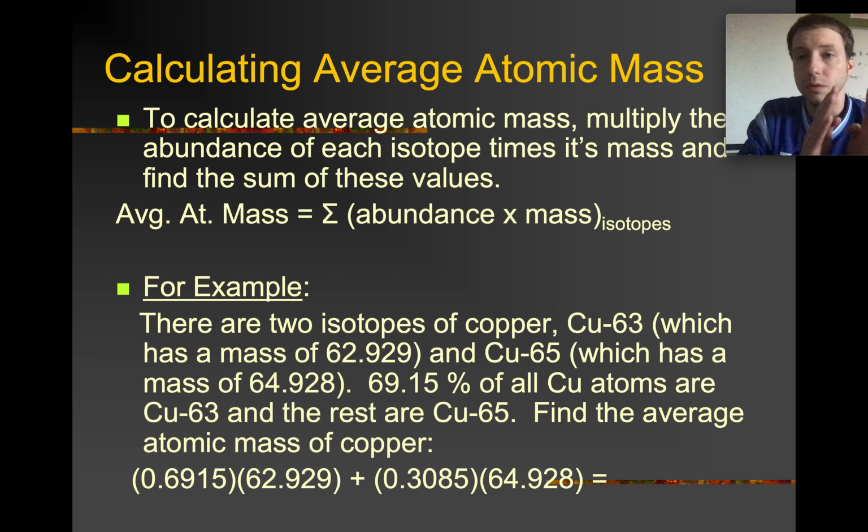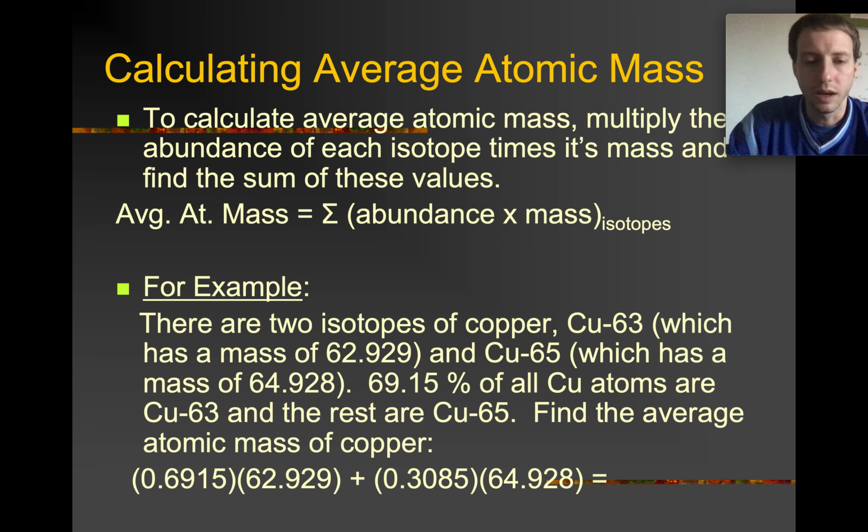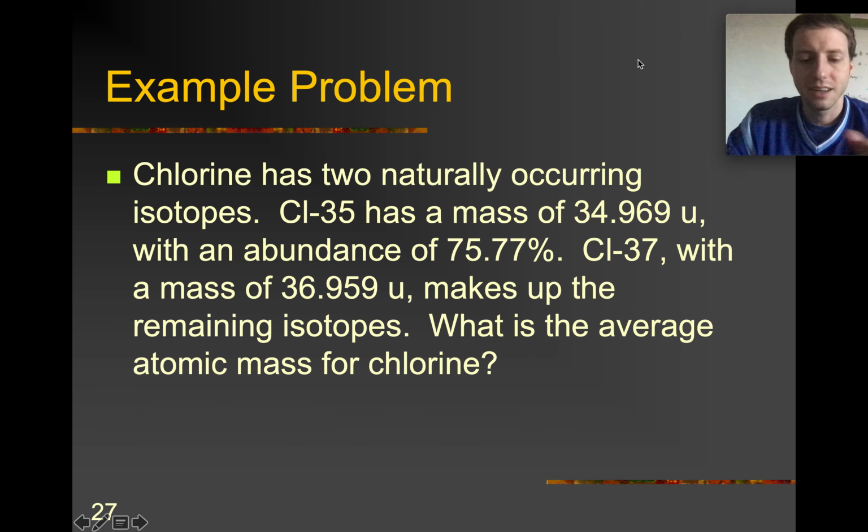I multiply the weight of the section, tests, labs, homework, by the score that you have in that section, and add them all up. What I would end up with is the average atomic mass for copper. I'll let you plug that in if you're interested, but that's how you would calculate it. We'll get some practice with that in class, but that is average atomic mass and what it means.